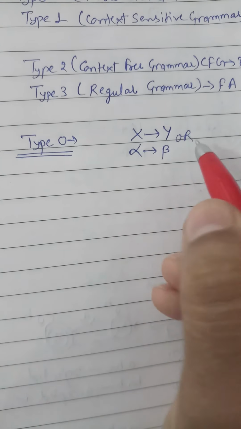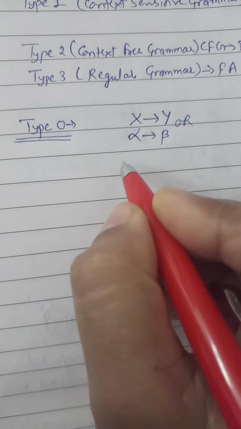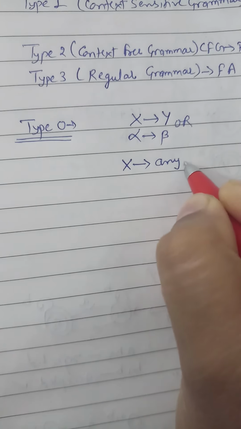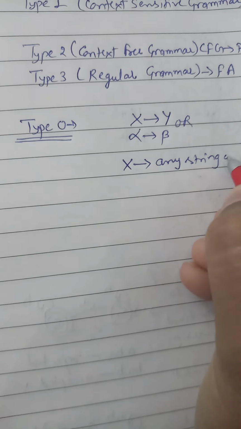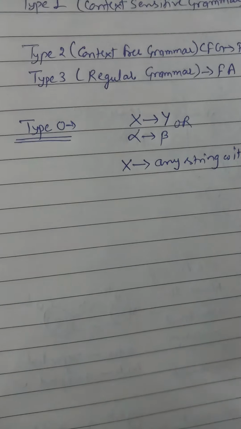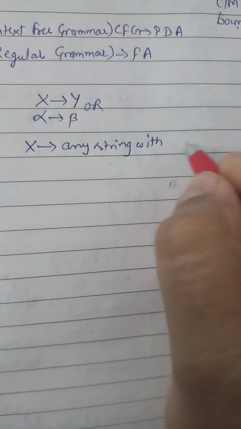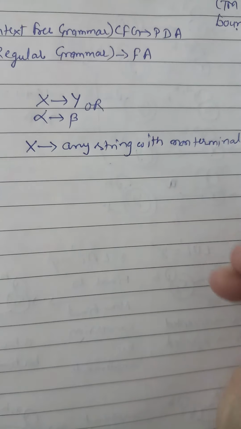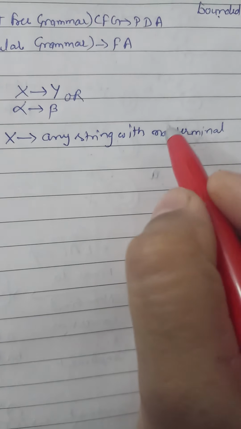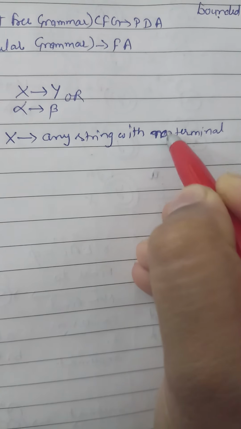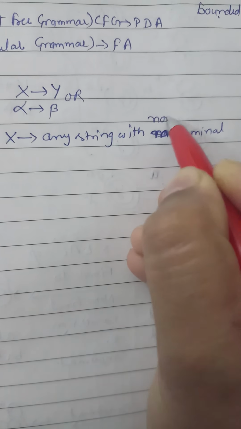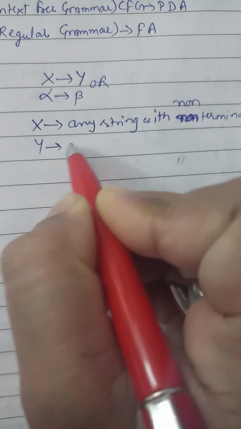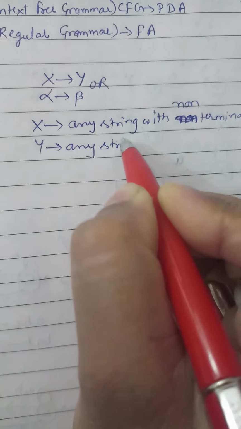Here x can be any string with a non-terminal, that means x cannot be only terminals, and y can be any string.